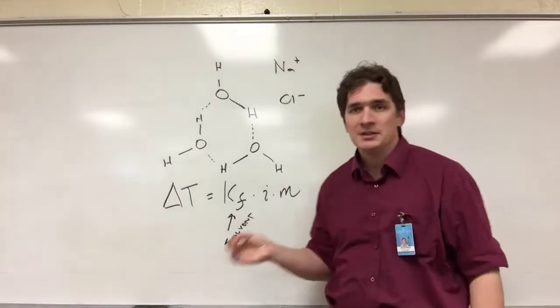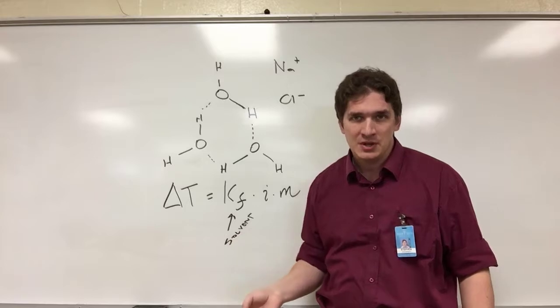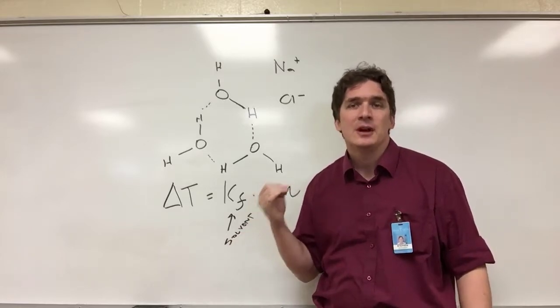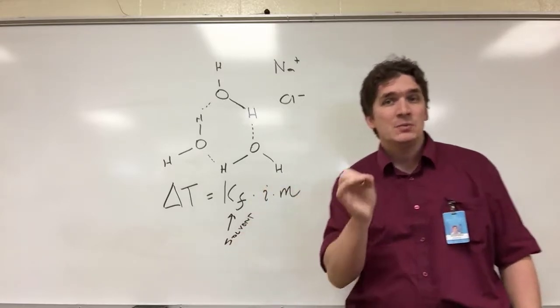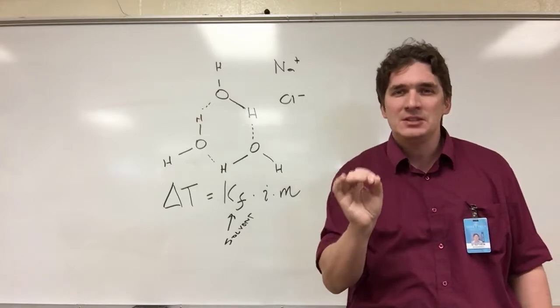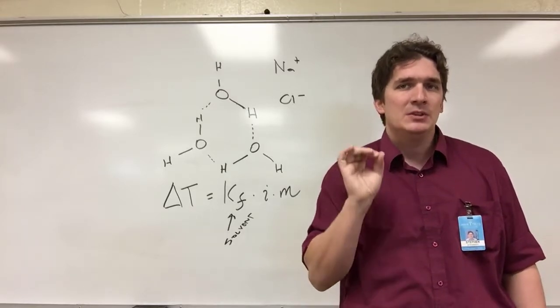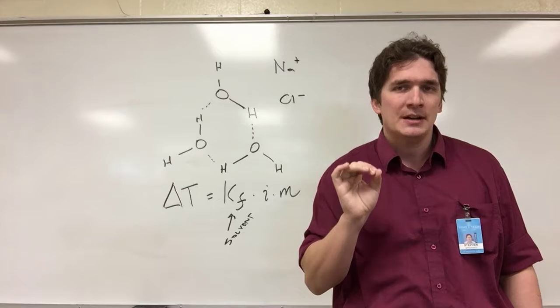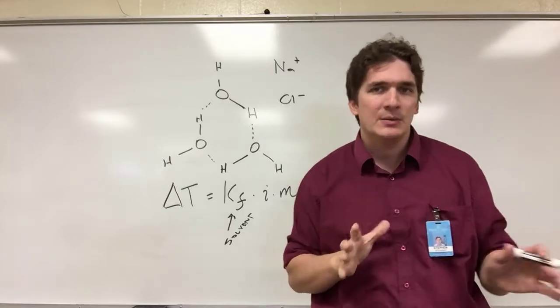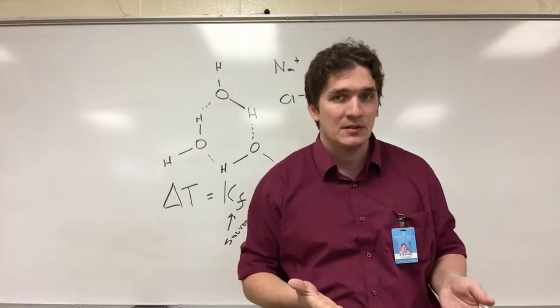So the Kf for water does not change based on what you're dissolving in. The Kf for acetone, the Kf for ethanol, they're all the same. The reason why is this sufficiently dilute stipulation. If we don't have high concentrations of our solute, we don't have to worry about it. We can just say it's the same regardless of what's being dissolved.